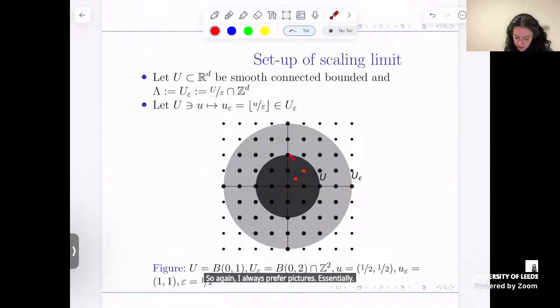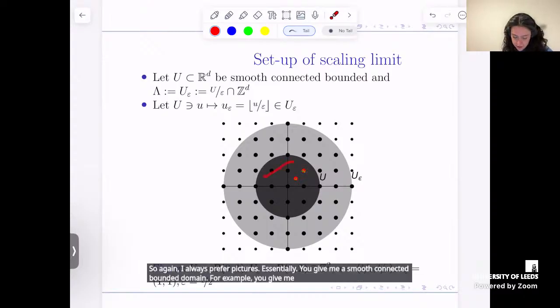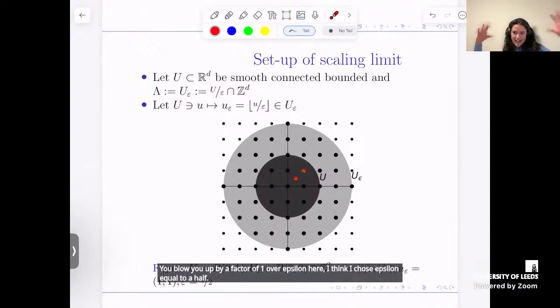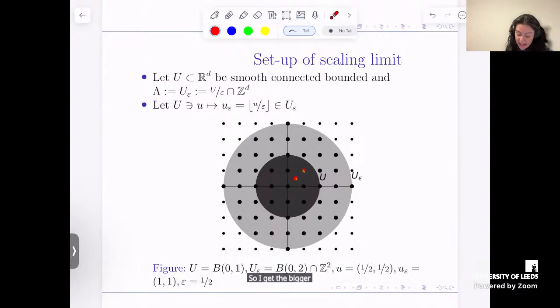Essentially, you give me a smooth connected bounded domain. For example, you give me the unit disk U, which is this dark gray area. You blow U up by a factor 1 over epsilon. Here, I think I chose epsilon equal to 1/2. So I get a bigger ball. And then I intersect this ball with, in this case, a square lattice.